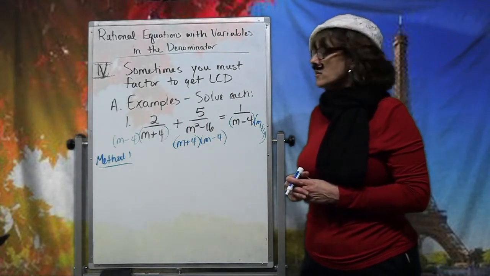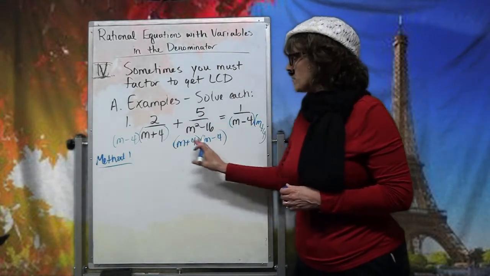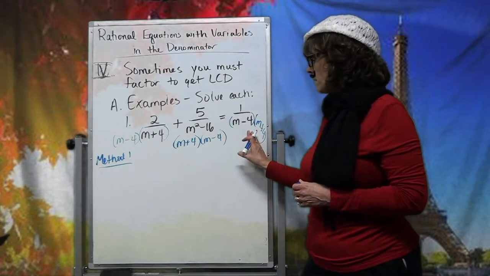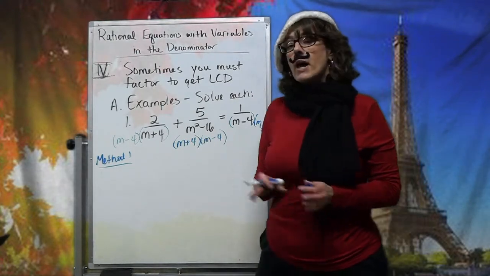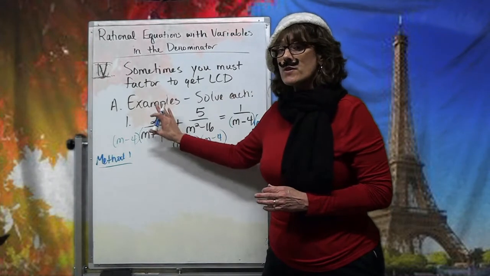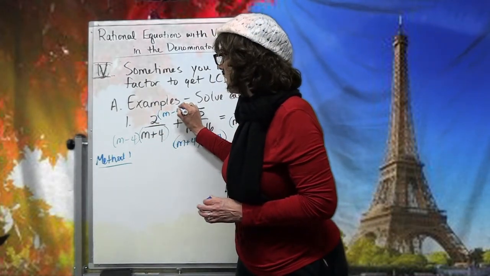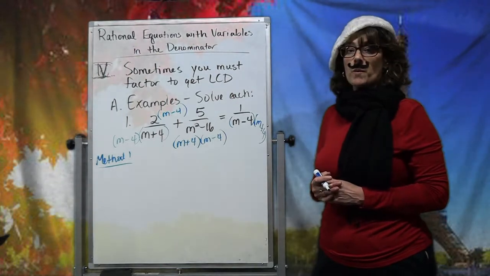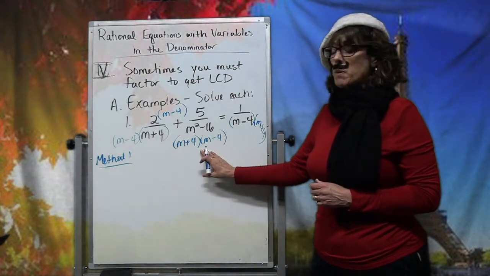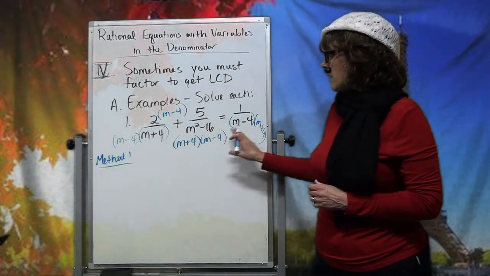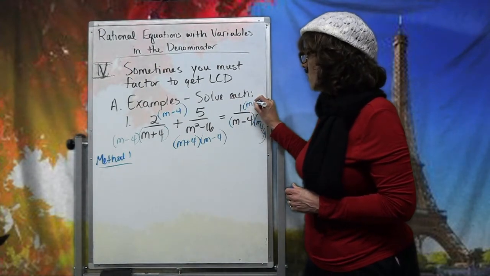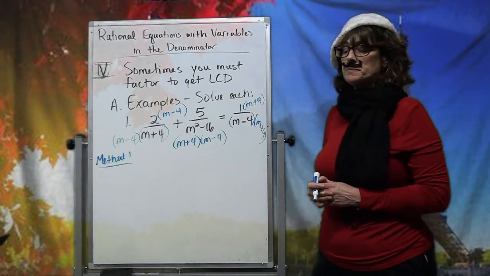So that's my LCD, m minus 4, m plus 4. So like we said before, I don't want to change the value of this fraction, only what it looks like. So I'm going to take my numerator and multiply it as well by an m minus 4. This one doesn't need multiplied at all because it's already there. And I'm going to take this one and multiply it also by an m plus 4.